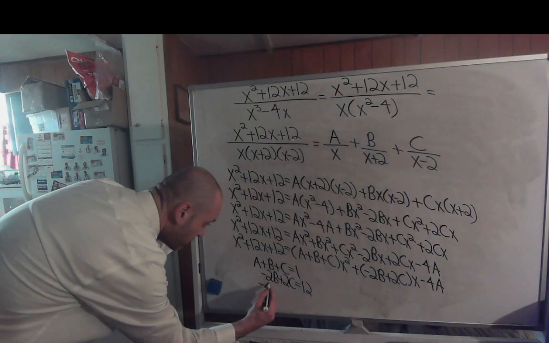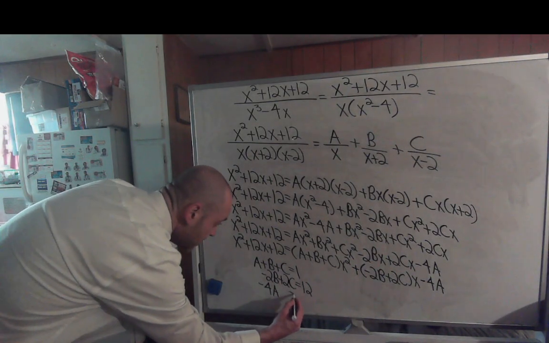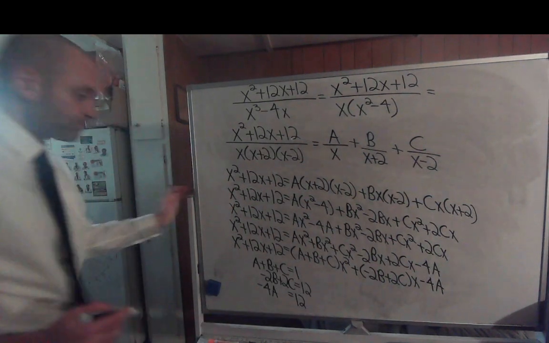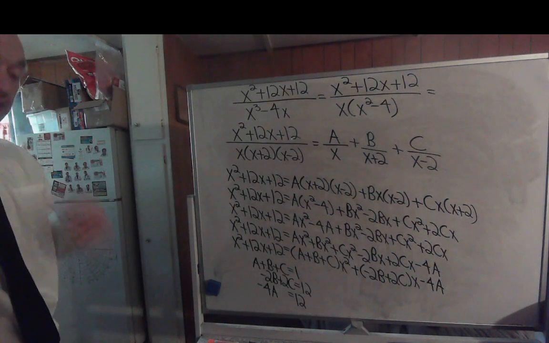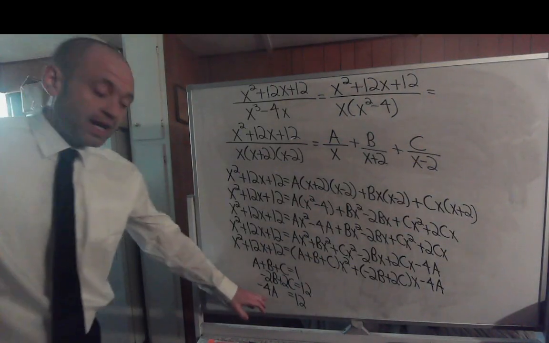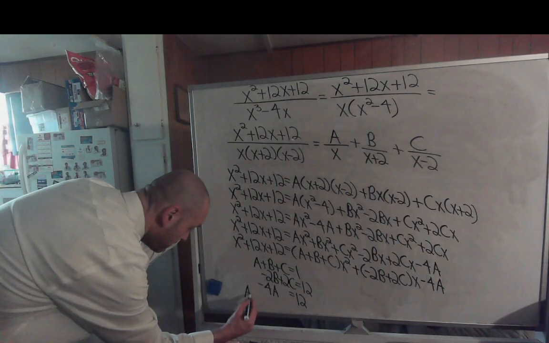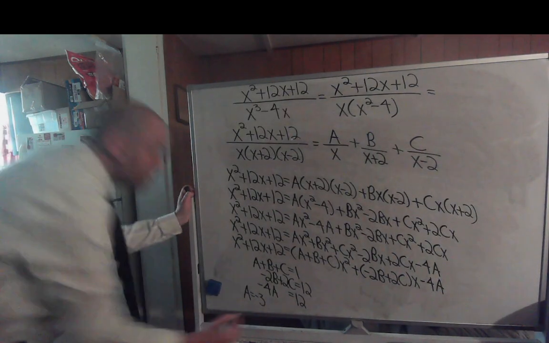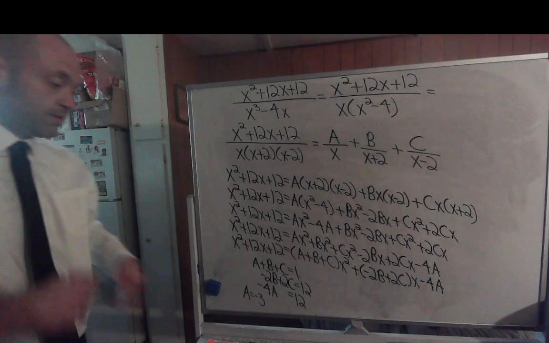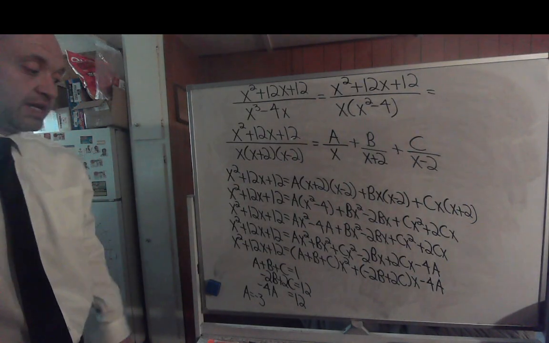So negative 4a equals 12. Well, here's some good news. We can solve for a right out of the gate. A is just going to equal negative 3. So we found the solution to a, but we still need to figure out b and c.